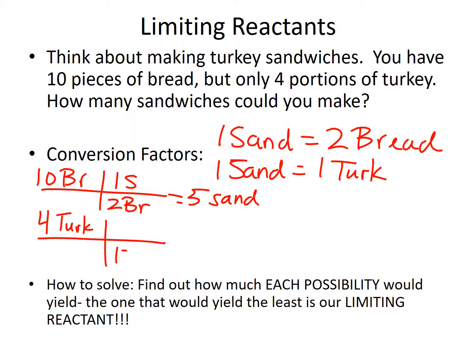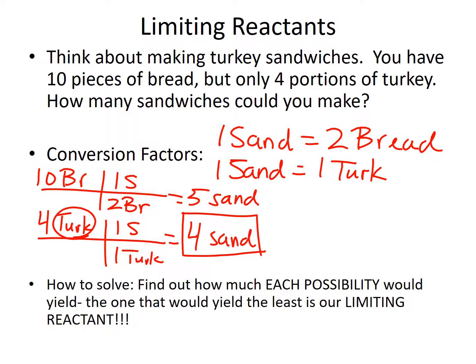And we know that there's 1 portion of turkey for every 1 sandwich, so 4 turkeys is going to make 4 sandwiches. Now we look at the amounts of each that was formed. Whichever amount is smaller is the limiting reactant. So turkey is our limiting reactant, and our theoretical yield of sandwiches is 4 sandwiches.